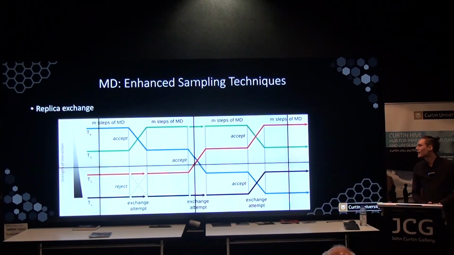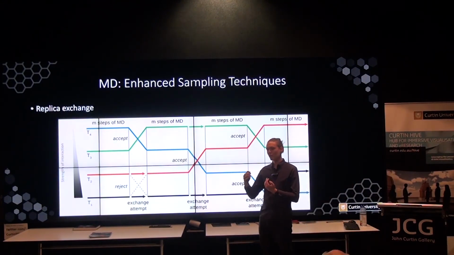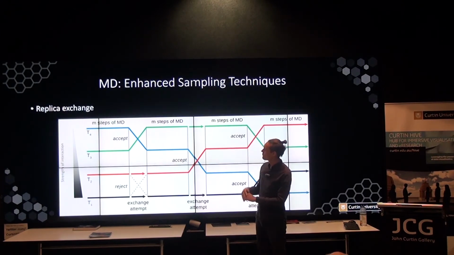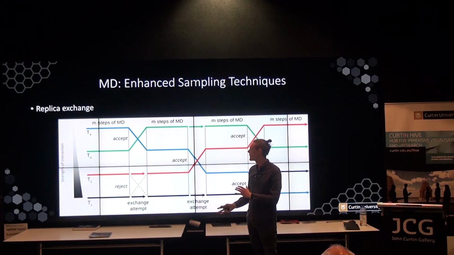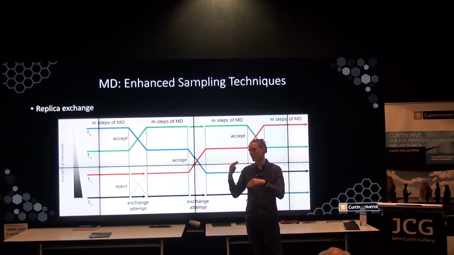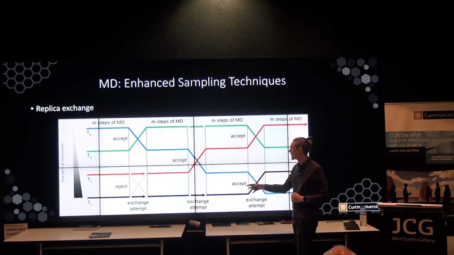Another enhanced sampling technique is called replica exchange, where basically you run a lot of simulations that start out the same, with different interactions happening in them, and they can switch between each other's states. So you have a lot of simulations, and they're all switching.